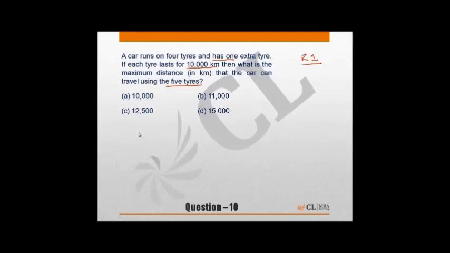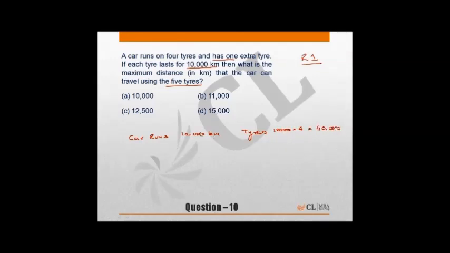Now please understand, when each tire lasts for 10,000 kilometers and the car runs for 10,000 kilometers, that means that each tire has done 10,000 kilometers, and that means 4 tires have cumulatively done 40,000 kilometers.